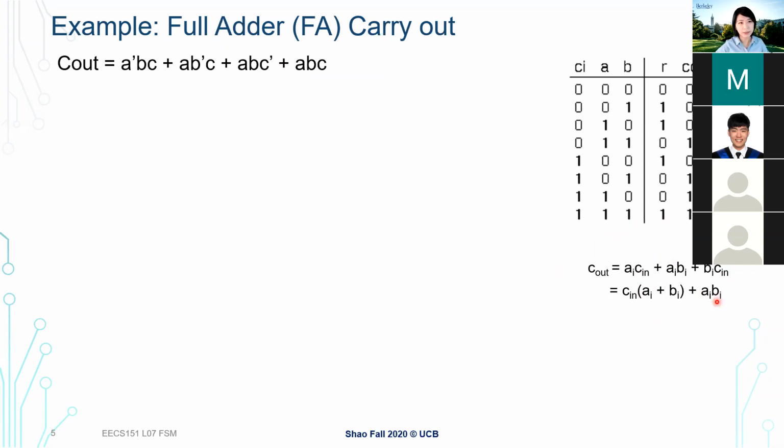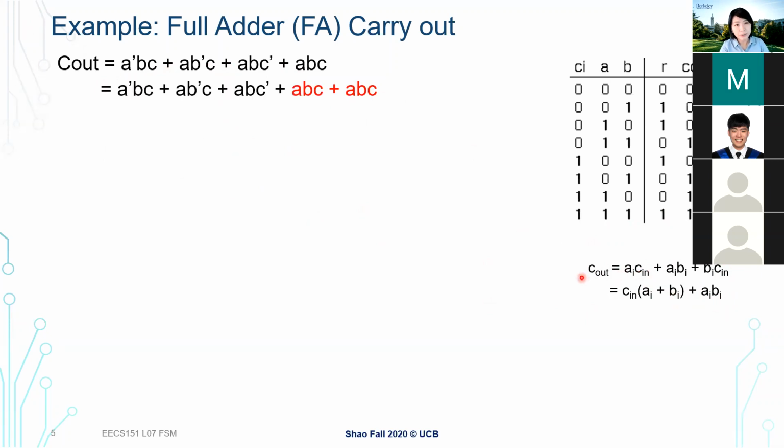So how do we convert from this expression, which is a unique representation in sum of product format, into this more simplified version? We only have three terms, and each term has two inputs, instead of four terms here where each term has three inputs.